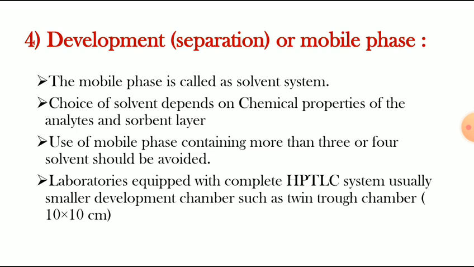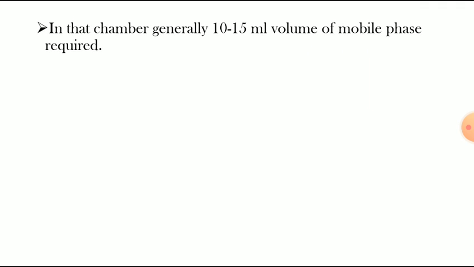This is the saturation chamber where we can separate the components. It is rectangular in form. In that chamber, generally 10 to 15 ml volume of mobile phase is required. Around 10 to 15 ml volume we can use in the twin tube chamber for the separation of the sample components.